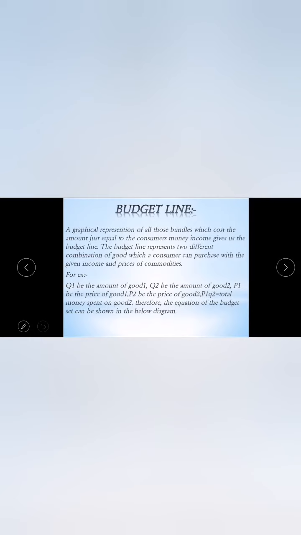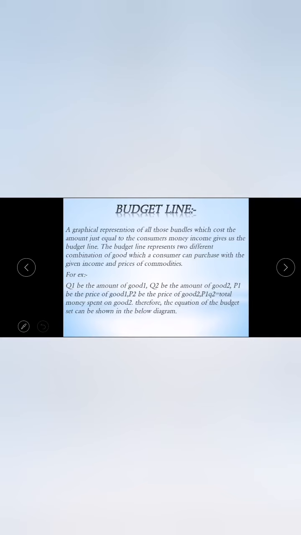And today we are starting with a new topic, budget line. Budget line is a graphical representation of all those bundles which cost an amount just equal to the consumer's money income. The budget line represents the different combinations of goods which a consumer can purchase with the given income and prices of commodities.